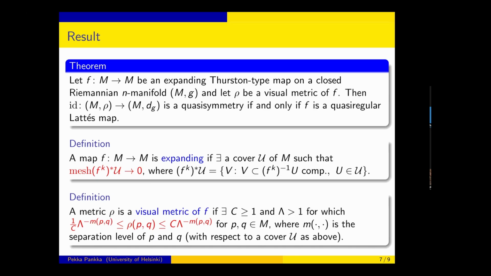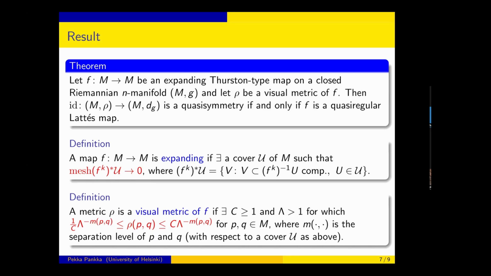C is a multiplicative parameter, lambda is really the key, it's the scale parameter. Then you say that you are looking for 2 points, you're looking at the level at which they get to different sets in these covers, in these pullback covers, and then you want a metric which corresponds to this scale information you get.